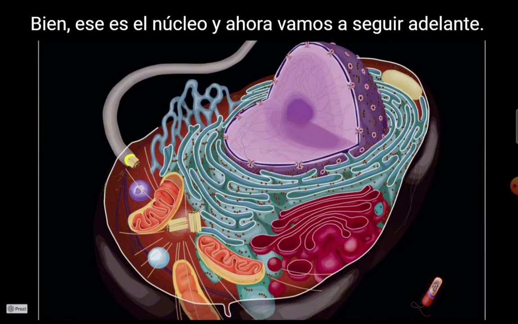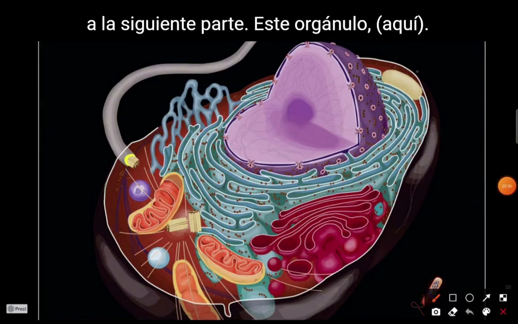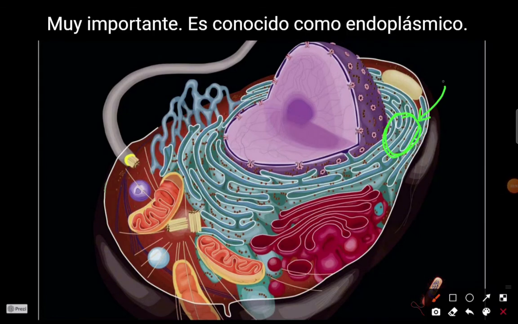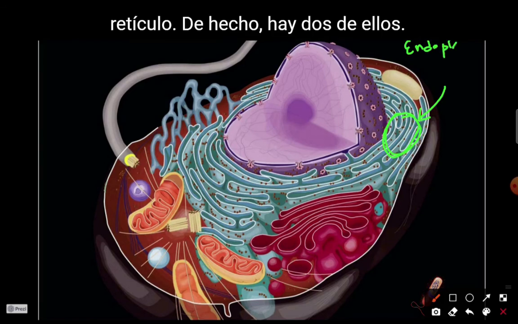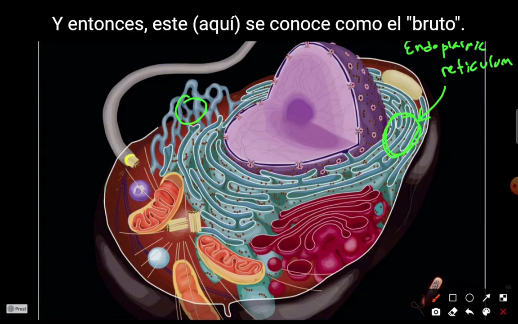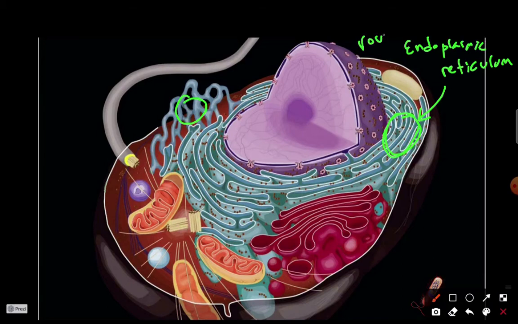Okay, so that's the nucleus, and now we're going to move on to the next part. This organelle here, very important. It is known as the endoplasmic reticulum. There's actually two of them, and so this one here is known as the rough.